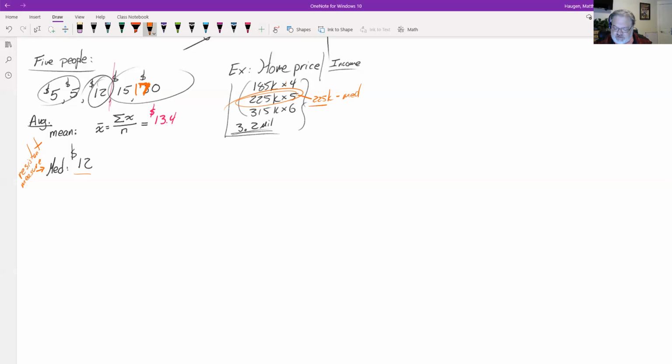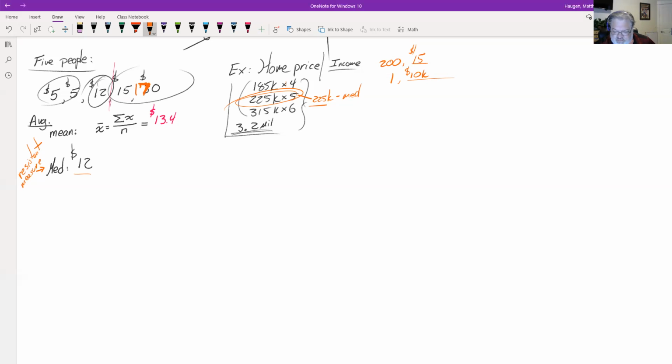And again, for income, if you have 200 employees that each make $15 an hour and one CEO that makes $10,000 an hour, it's disgusting. The mean average, that $10,000 an hour, is going to make that mean average income spike way up.